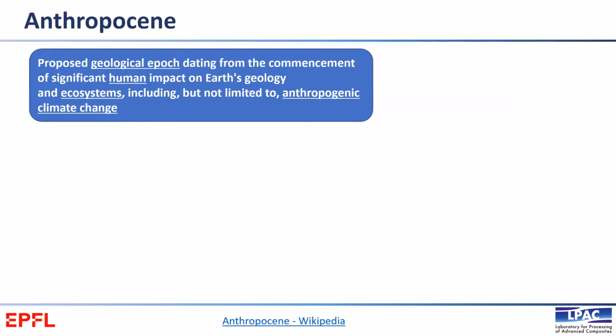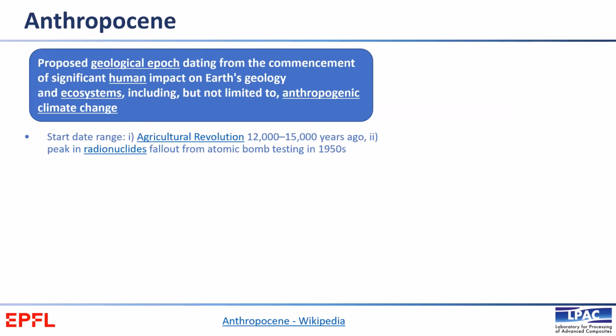So we talked about the Holocene, which was the stable geological epoch for the last 10,000 years. There's now a new geological epoch that's being proposed called the Anthropocene. Okay, so it's what we have done as human beings. It's the commencement of significant human impact on the Earth's geology itself.